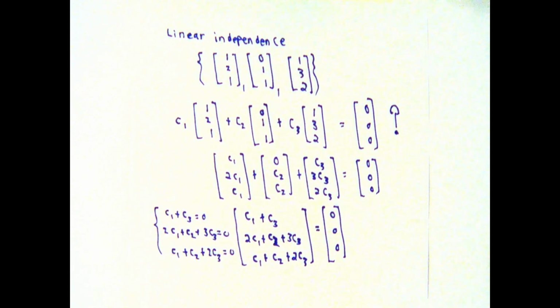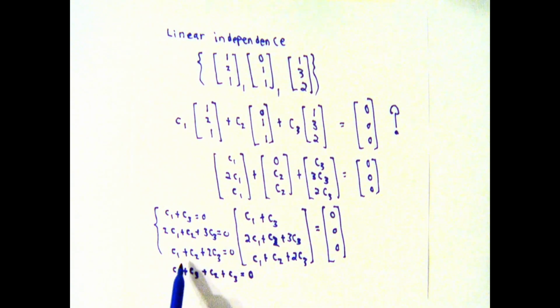There are a wide variety of methods that I could think about to solve this. I could do Gaussian elimination, I could try to do Cramer's rule, I could do a variety of things, but I'm going to try to be sneaky. The first equation says that C1 plus C3 must be 0.